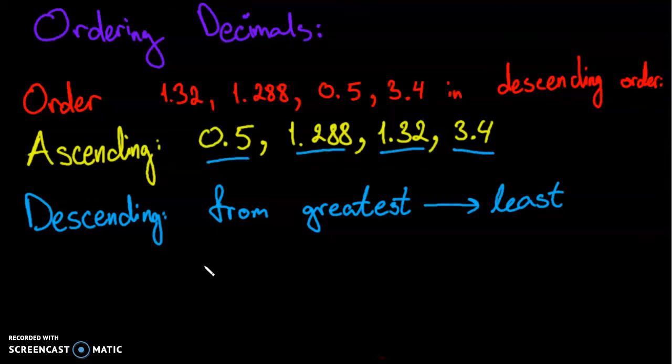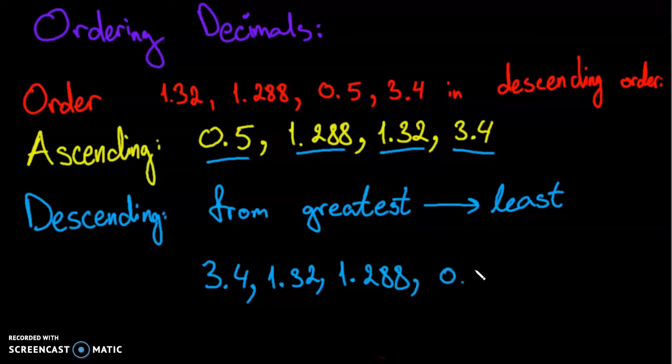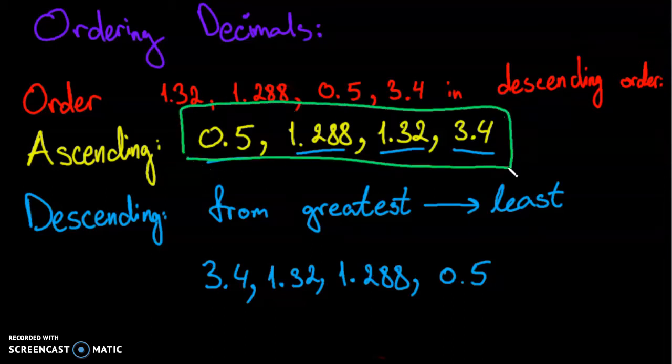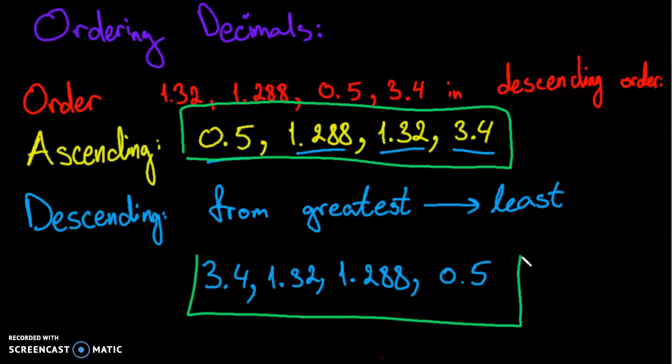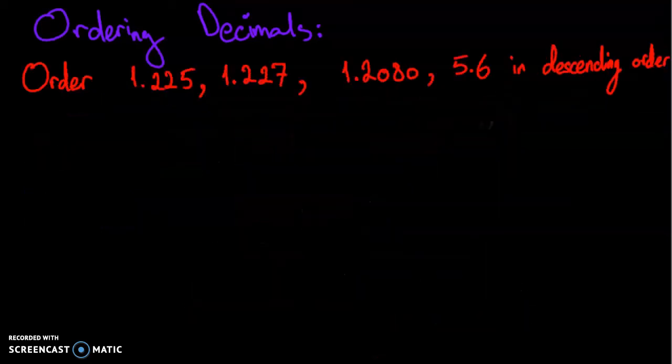So 3.4, this is our greatest number, 1.32, 1.288, and 0.5. So this is our ascending order from least to greatest, and this is our descending order from greatest to least.